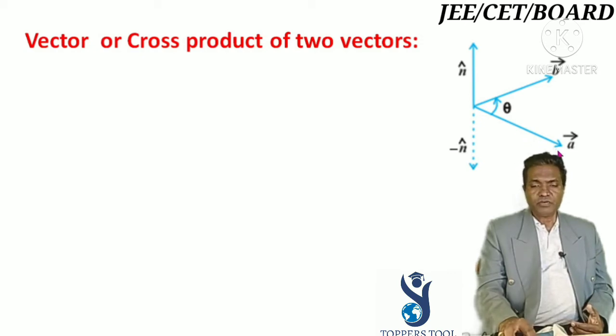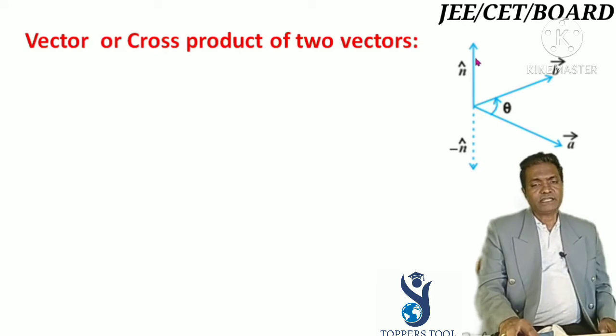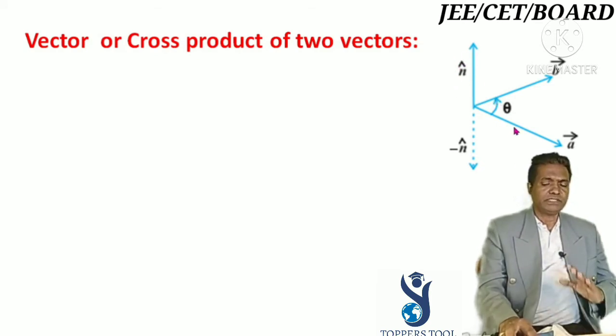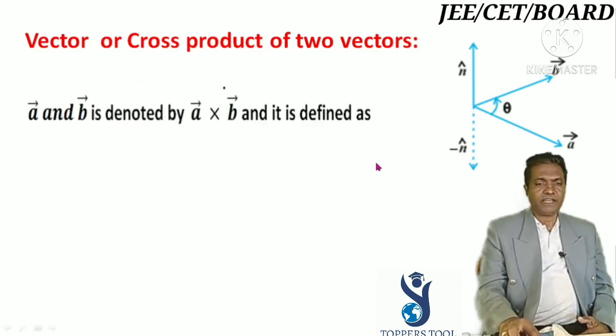This means if you rotate vector A towards vector B, then the screw will move along the direction of vector n cap. So if this is the case, how can the cross product be defined?